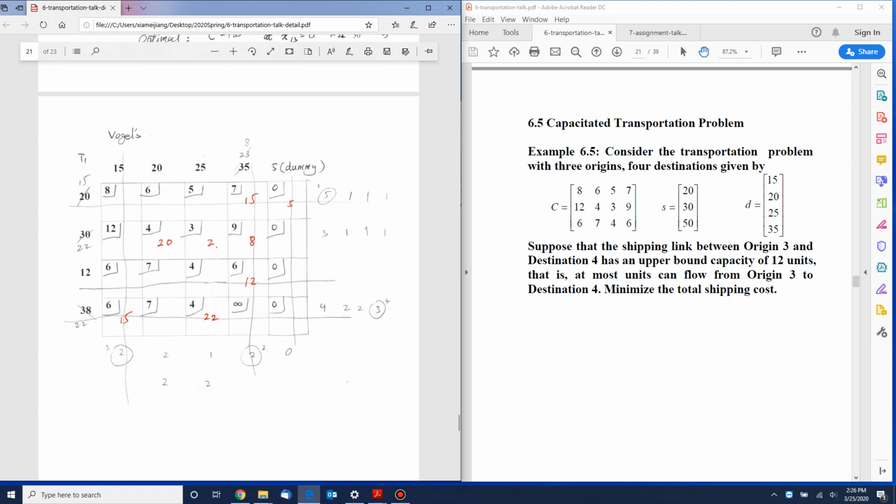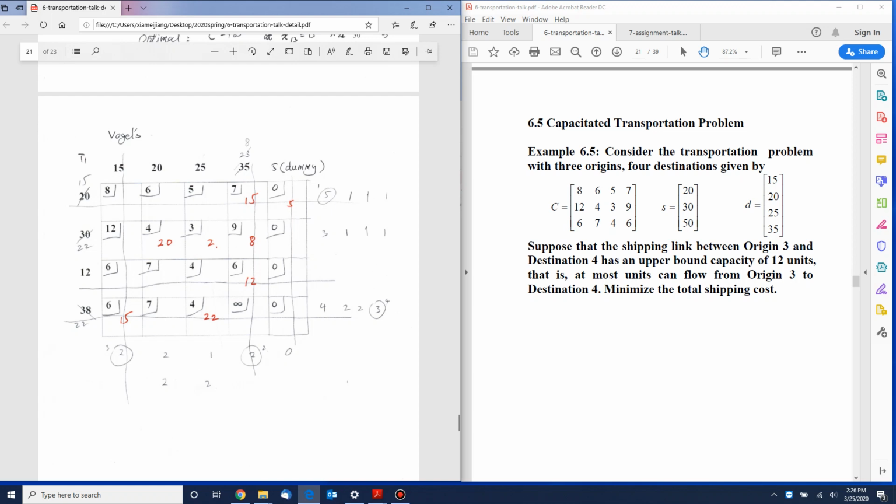So here you can see that when we set up this one, on the third row we just separate the orange 3 into two rows, right? One is limit 12, one is limit 38.